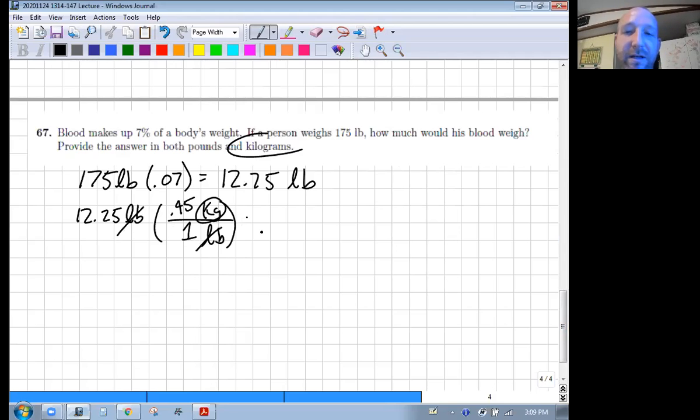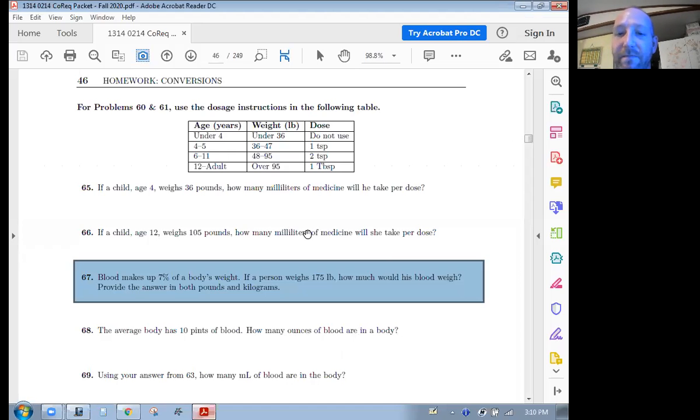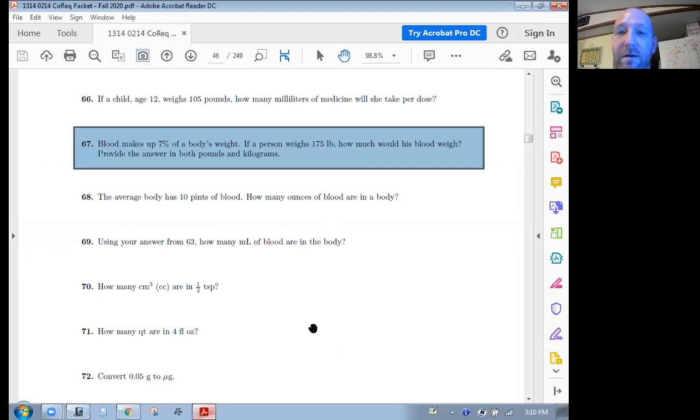We got kilograms. 12.25 times 0.45 equals 5.51 kilograms. Questions? Okay. All right.